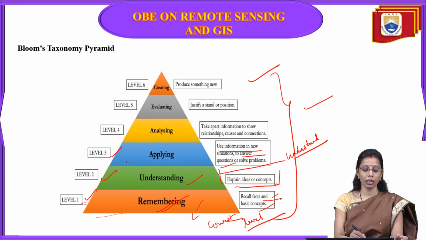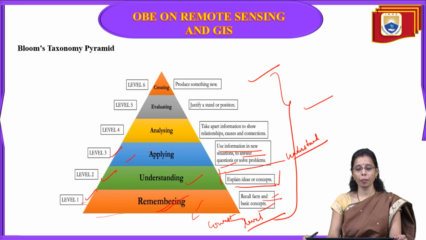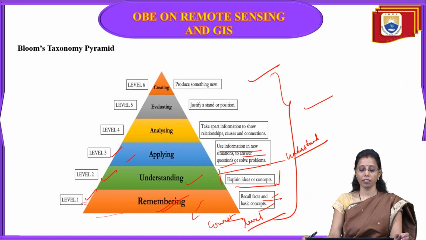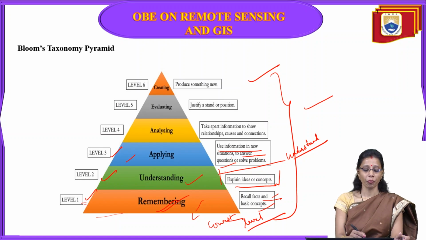So this will be level 3. Applying is mostly applicable to subject courses that give you new types of situations where you can apply different problems, do experiments, and use different kinds of instruments and ingredients, and try to apply them and get a result out of it. That kind of question will be at level 3.